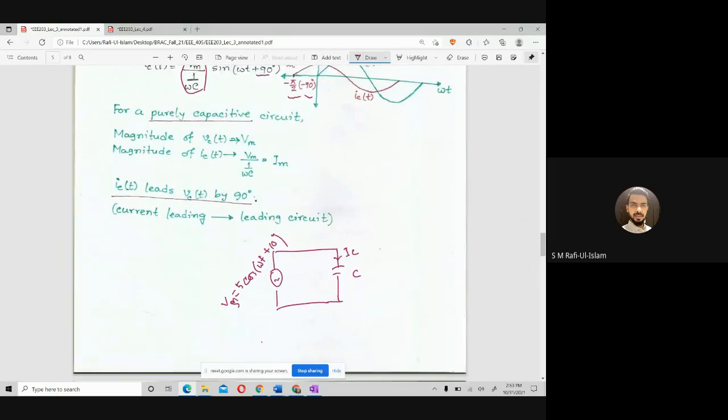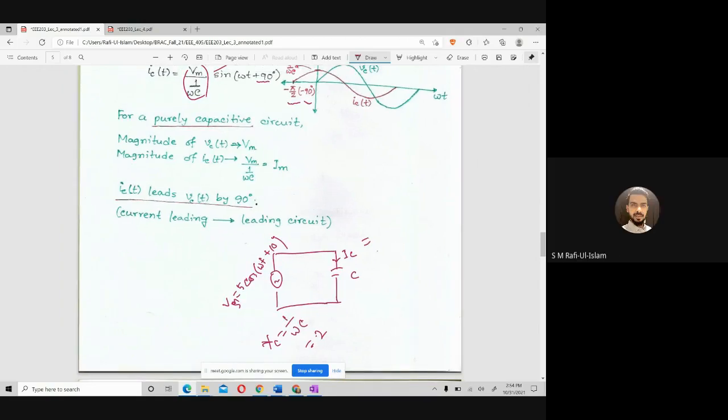I can give you the value Xc equal to 1 upon omega C equal to, let's say, 2. Can anybody try? 10 cos omega t plus 10 plus 90 degrees. Thank you so much, and the answer is correct because we know the formula is Vm divided by Xc. This is the formula, right?